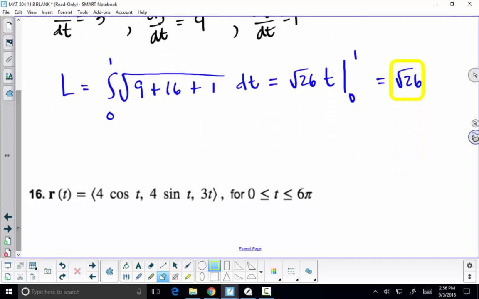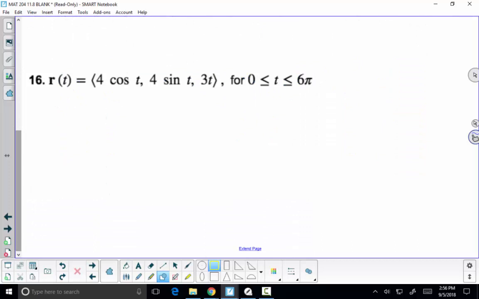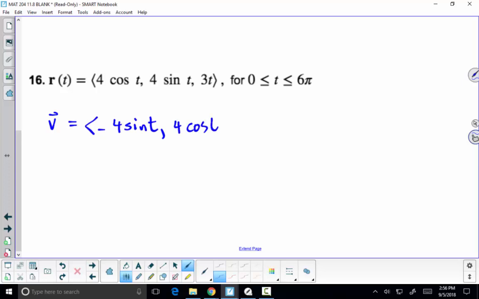All right, so let's try one that's a little harder. Let's write it this way as velocity, since we now see that's really what we're dealing with. The magnitude of the velocity vector is the speed.